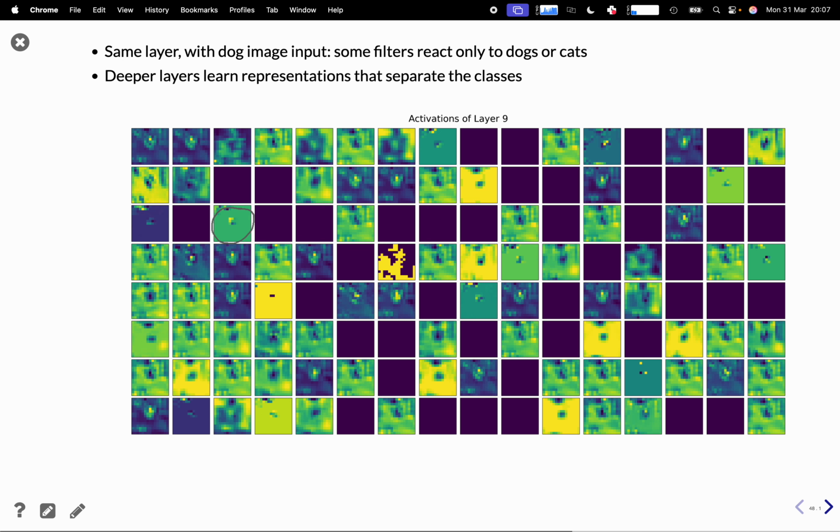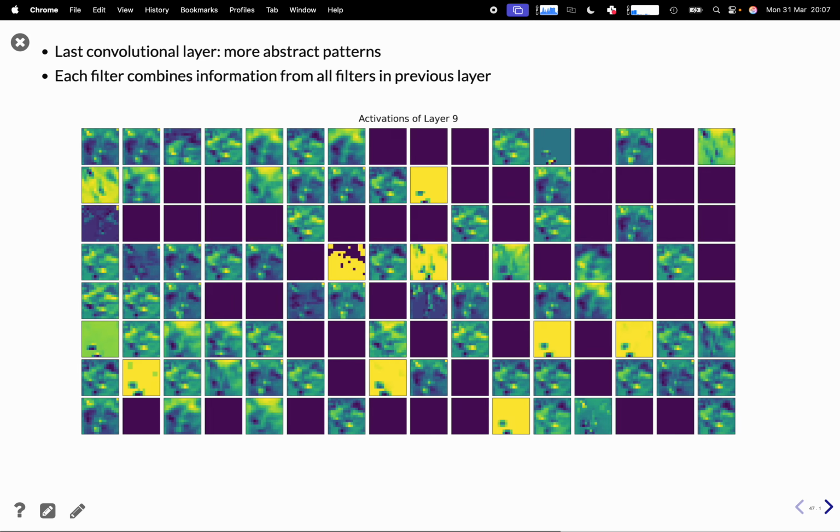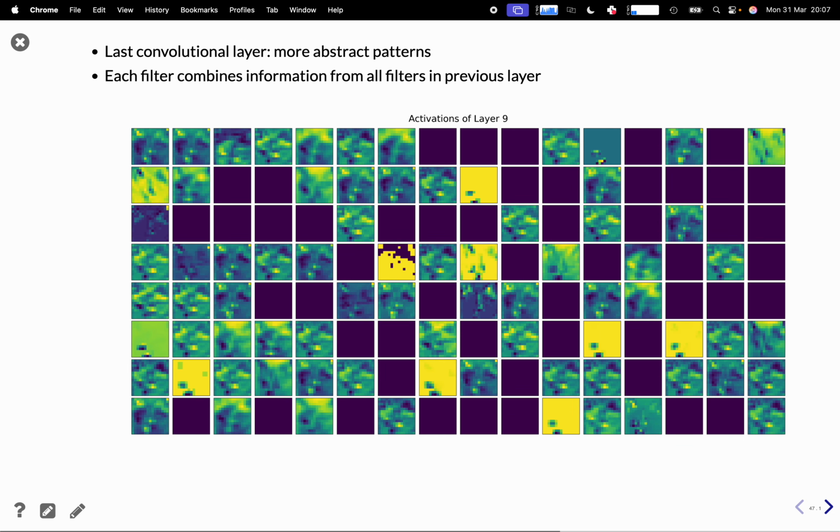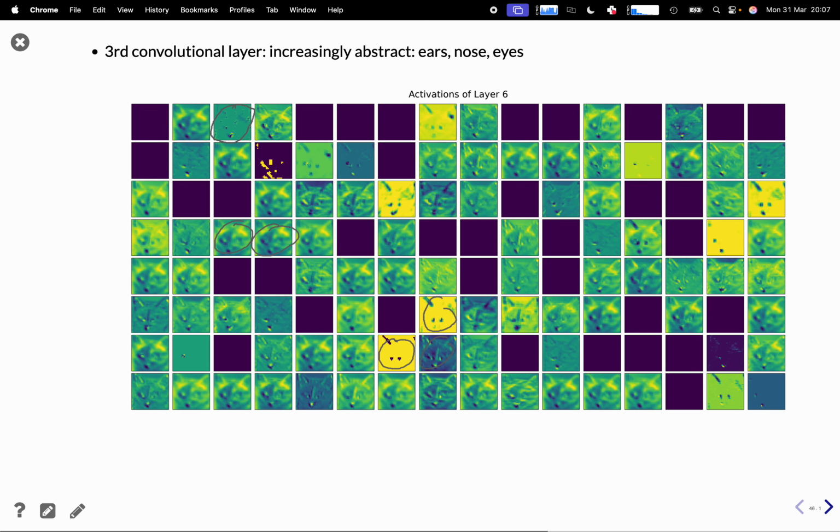Right. Anyway, so what we've seen now is that the activations seem to respond very nicely actually. So we see eyes and ears appear, we see filters being active for certain colors. We see combinations of features that are important, like the shape of a face and so on.